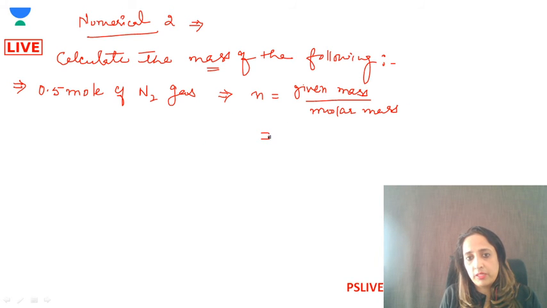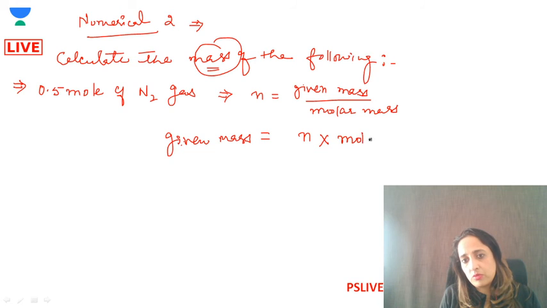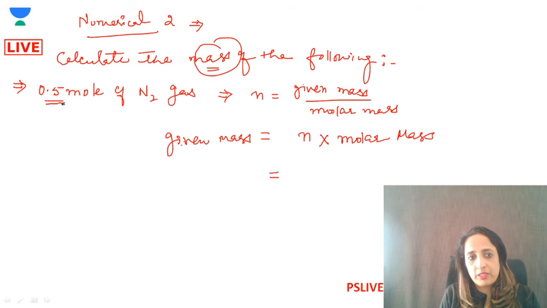So how do you do it? Given mass will be equal to, so if you have to calculate the mass, that means given mass will be equal to n into molar mass. So n is how much? 0.5 into the molar mass.